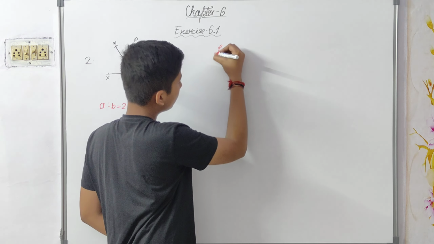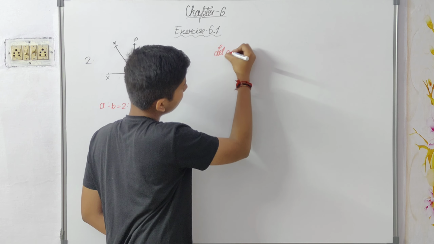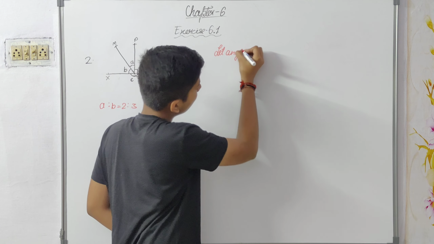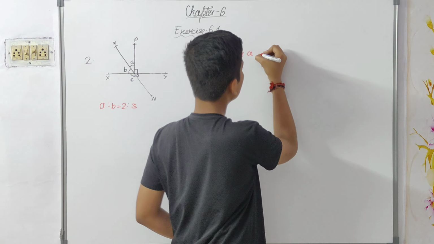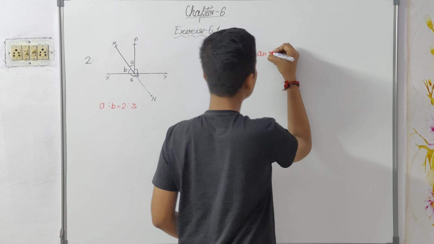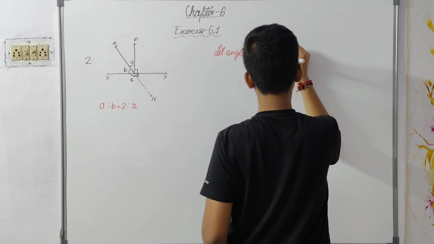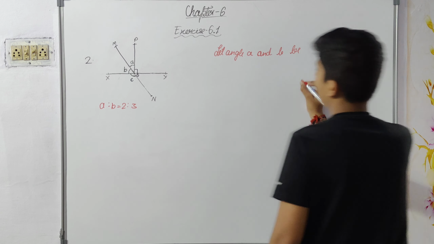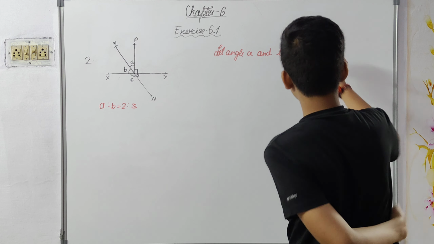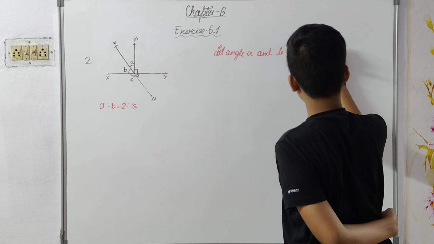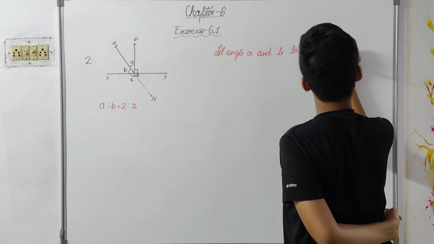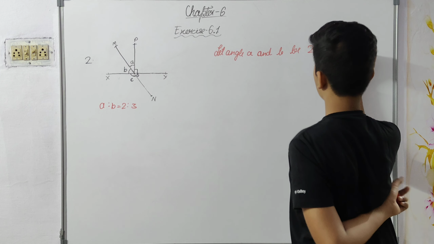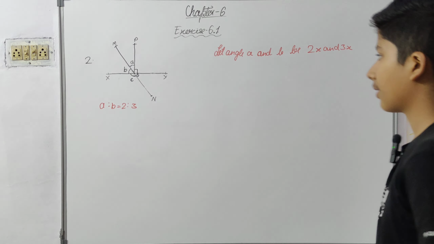So let angle A and angle B be 2x and 3x. Okay, 2x and 3x.